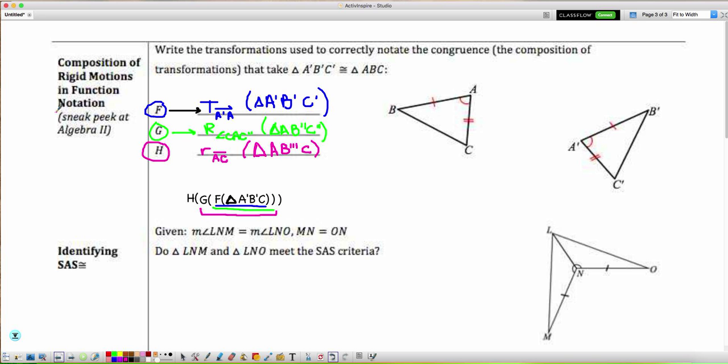This is kind of a sneak peek at Algebra 2, because you'll be doing function notation in Algebra 2, but you'll be doing it with functions, right? So you'll be doing compositions of functions instead of composition of transformations. For example, in Algebra 2, you might get an f of x function. It's a function that depends on x. I don't know why that's not writing well for me.